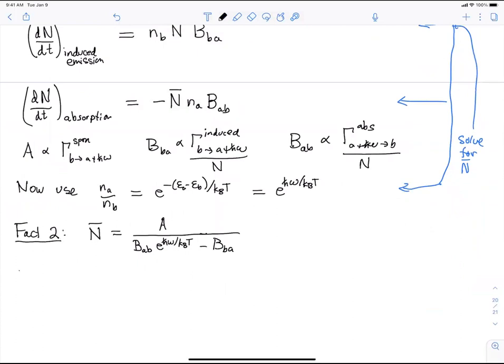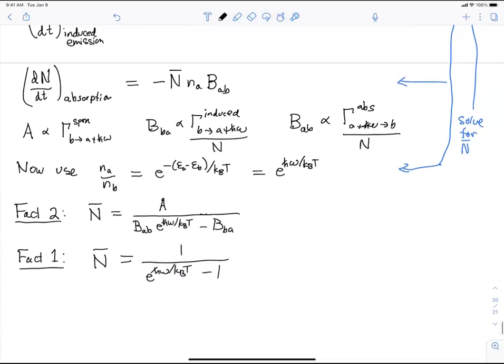And now let me remind you what fact number 1 was. Fact number 1 said that n bar is also equal to this, which looks very similar. So now for both of these things to be true at the same time, if you stare at it, you'll realize there's only one way that can happen. Because in the numerator, in both cases, I have constants.